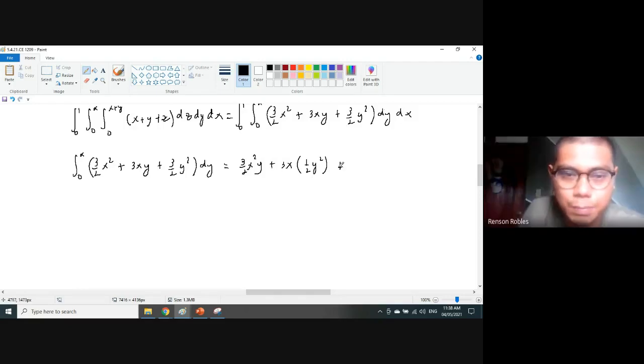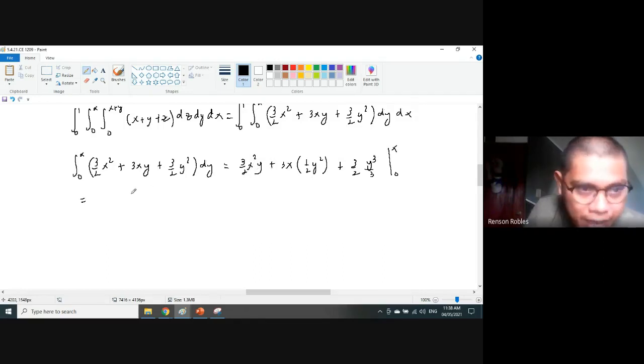And then for the last part, 3/2 y squared. So we will integrate. So that will become 3/2 y cubed over 3, and then evaluated from 0 to x. Equals 3/2 x squared, y will be replaced by x.